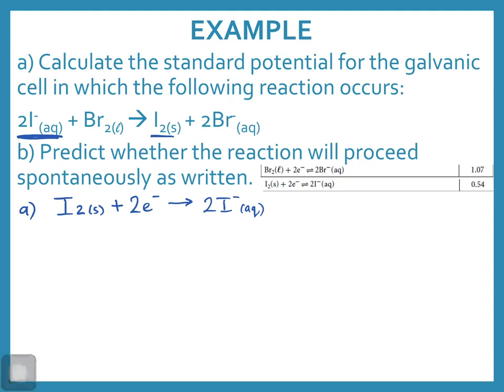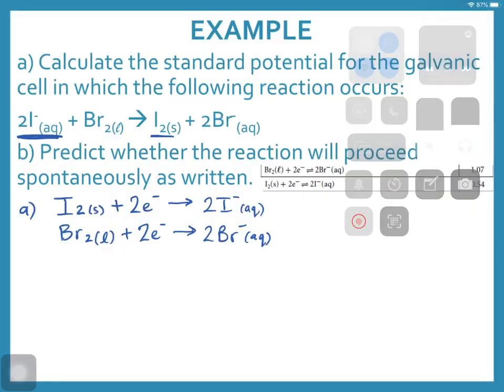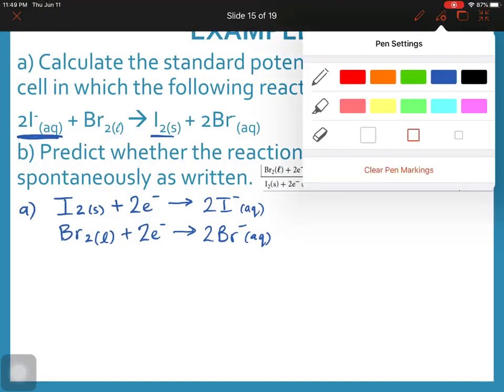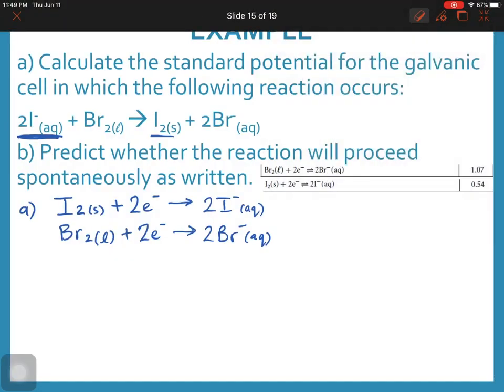This time we have a neutral and a negative. So bromine plus 2 electrons becomes 2 bromine ions. And I just copied right from the list there for before.